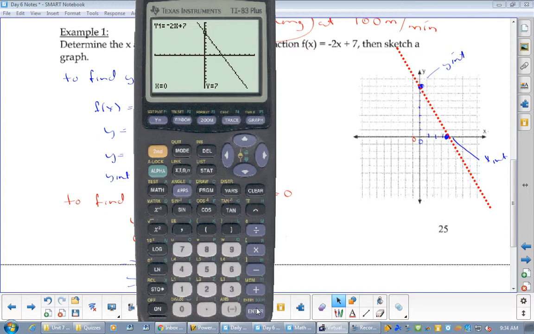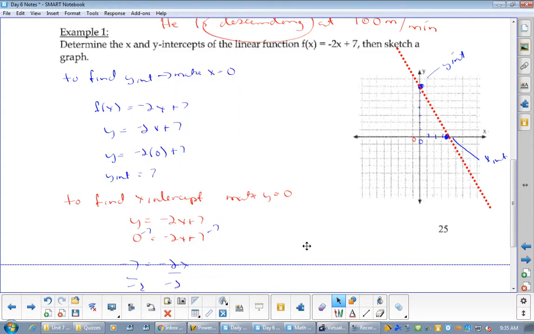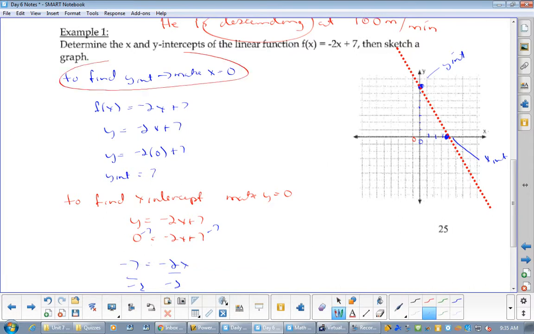So, showing you what my y-intercept is and my x-intercept. So there are 2 new things that you need to know. Again, is it a tough concept? No. But if you've never seen it before, it's a little confusing.